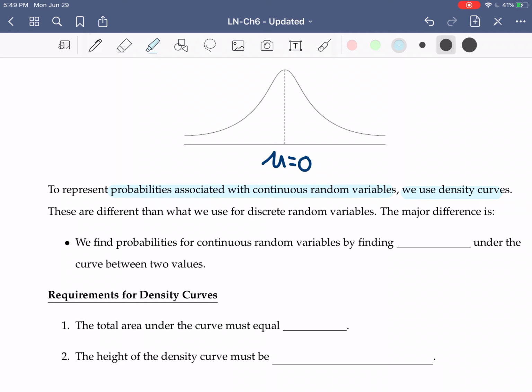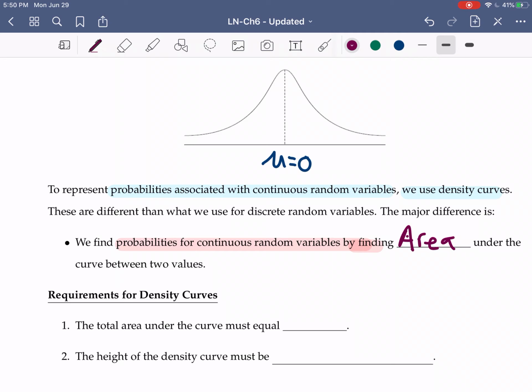The major difference is going to be this. The probabilities for continuous random variables, we find those by finding areas under curves, right? So the area under one of these density curves is the probability associated with that.